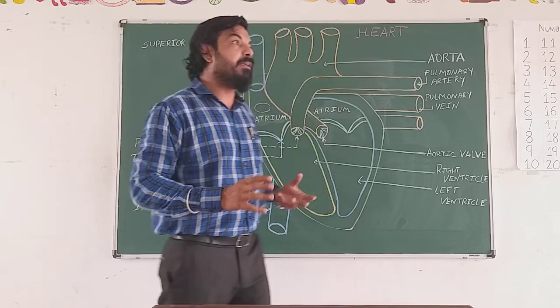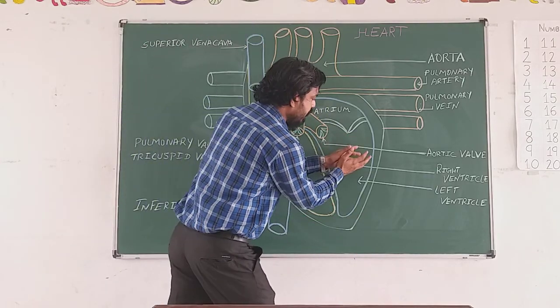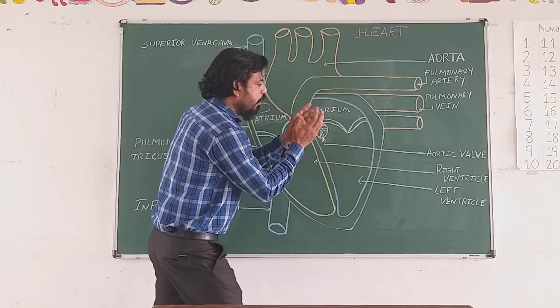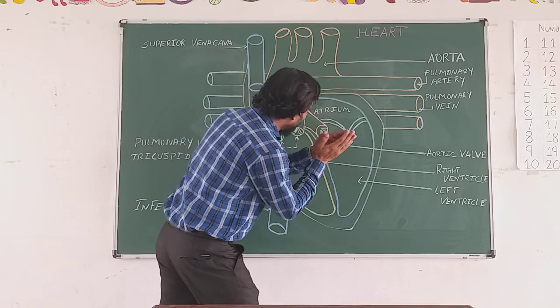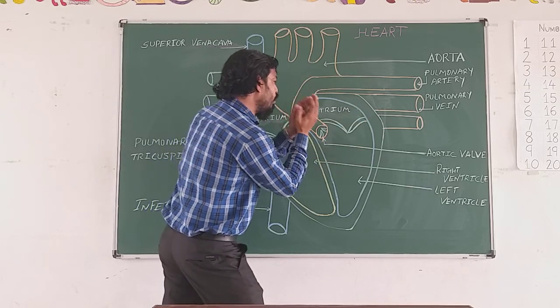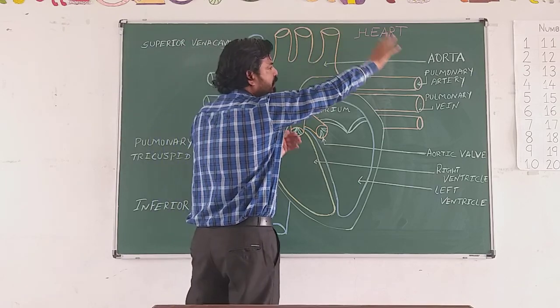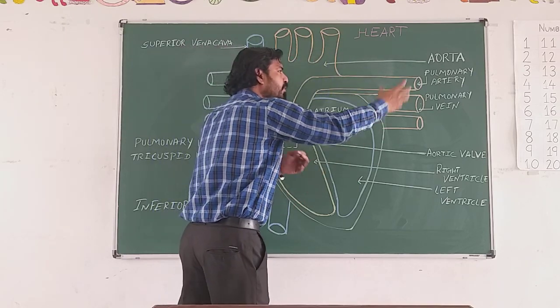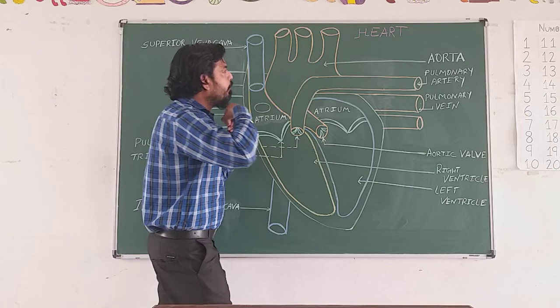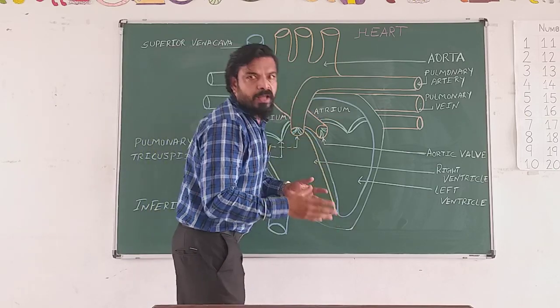Once it pumps, from the left side, oxygenated blood is pushed towards the aortic valve, then goes to the aorta, and the aorta gives direction to the blood to the entire body with the help of the arteries.